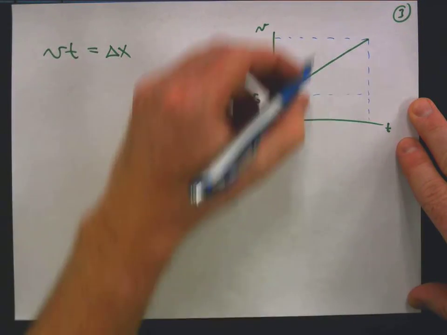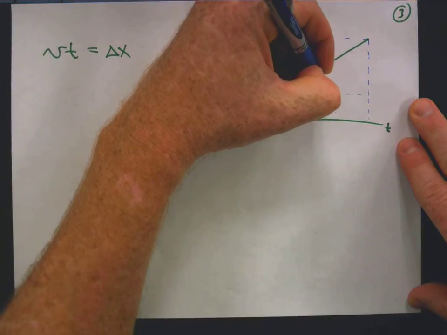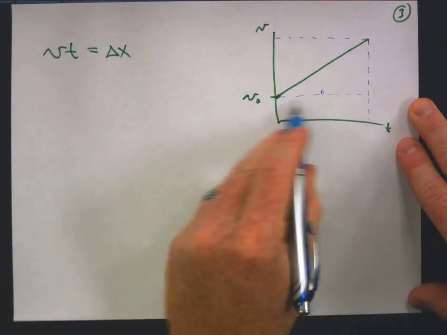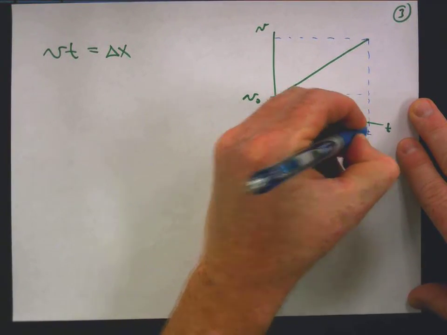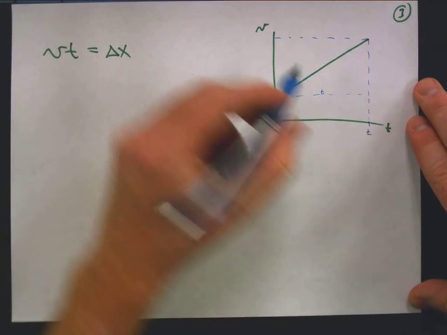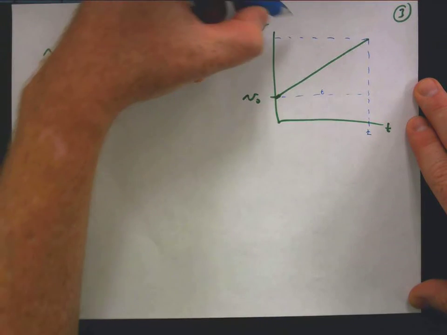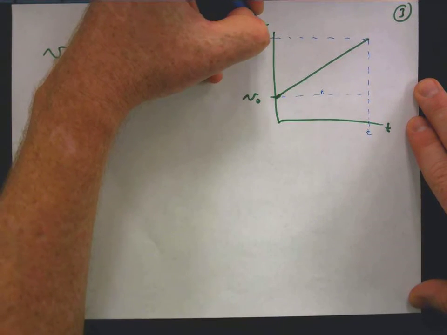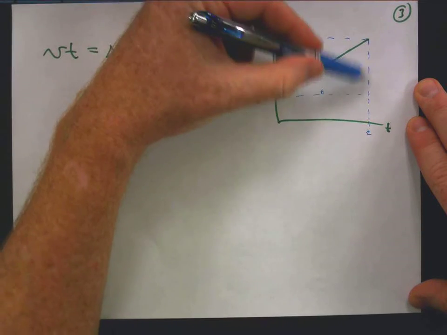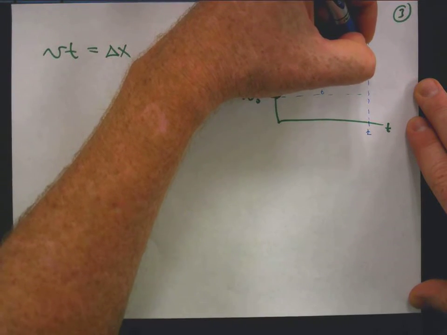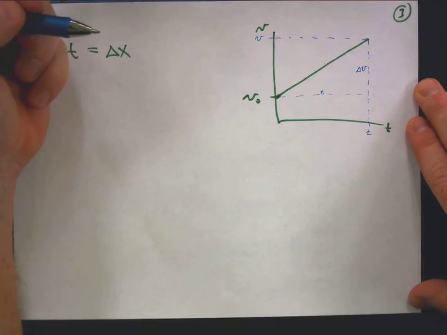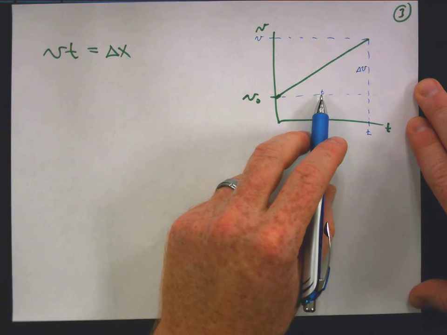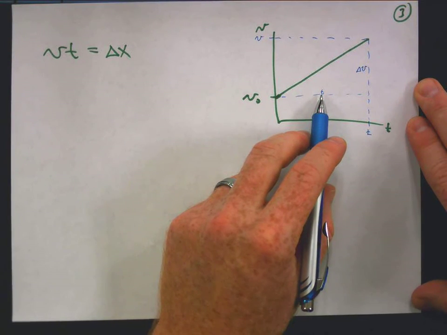This side is just t, our time t. And how about this side of the triangle? Here's our new velocity, and so this side is our change in velocity. And if you know the two sides of a triangle, you can find its area, 1/2 base times height.